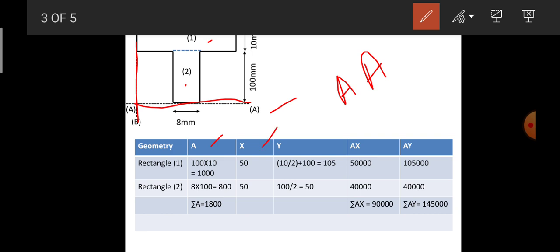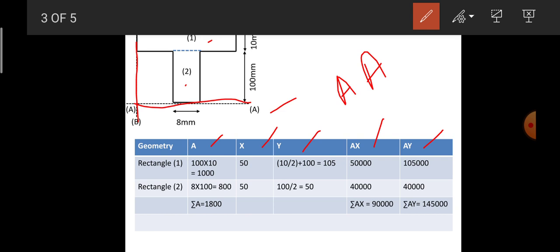X represents the horizontal distance of the respective centroidal axis, and Y represents the vertical distance with reference to the reference axis from the respective centroidal axis. AX represents the product of area and the horizontal distance of the individual centroidal axis, and AY represents the product of area and the vertical distance of the individual centroidal axis.